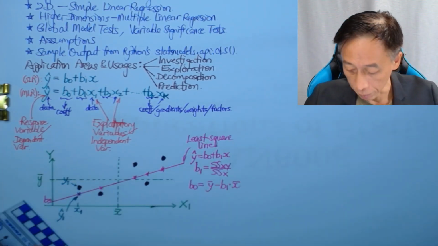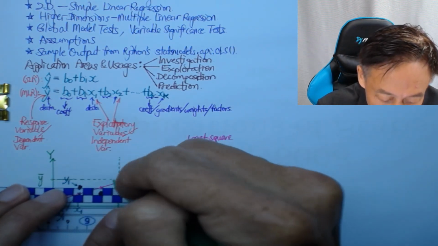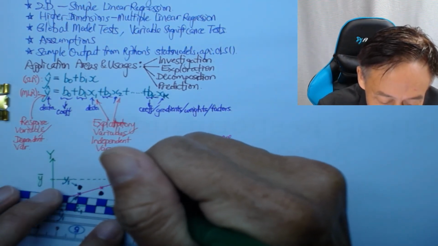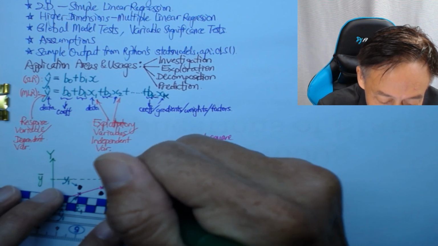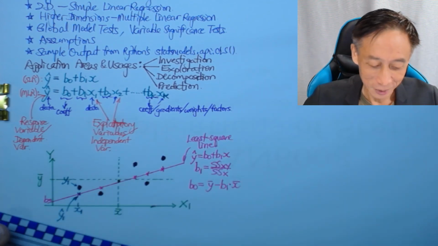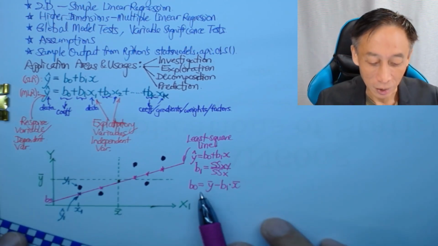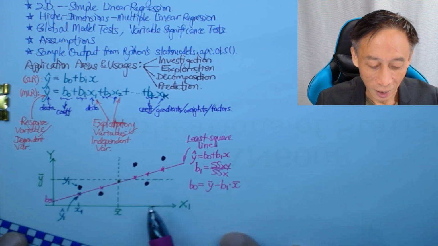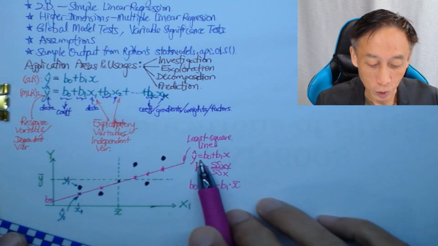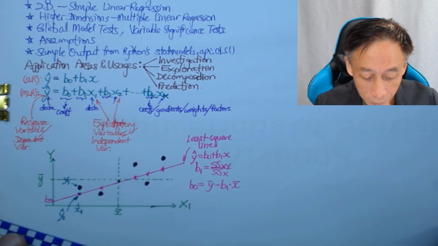And of course, from the equation, we should see that x bar, y bar should pass through. So this point should be on the line itself. Okay, the middle point is on the line itself. A little bit of a misalignment in my drawing. The implication is that x bar, y bar should always pass through the predicted line, right? Always.